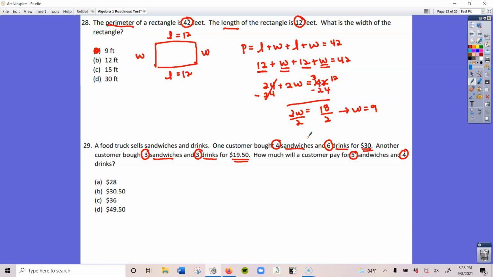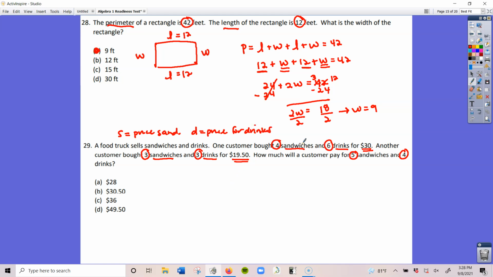So let's try this out. For this first customer, 4 sandwiches and 6 drinks are $30. I don't know the price of either sandwiches or drinks, so I'm going to write some equations. I'm going to let S equal the price for sandwiches, and D is going to be the price for drinks.